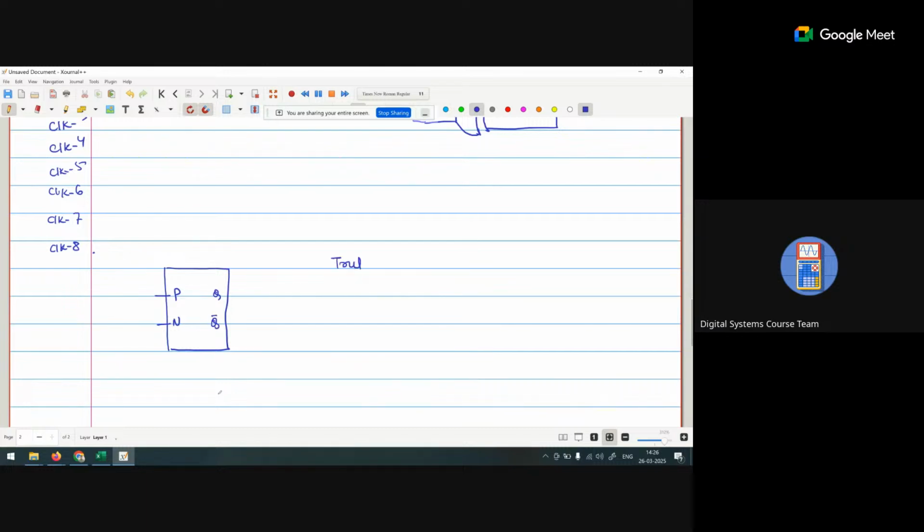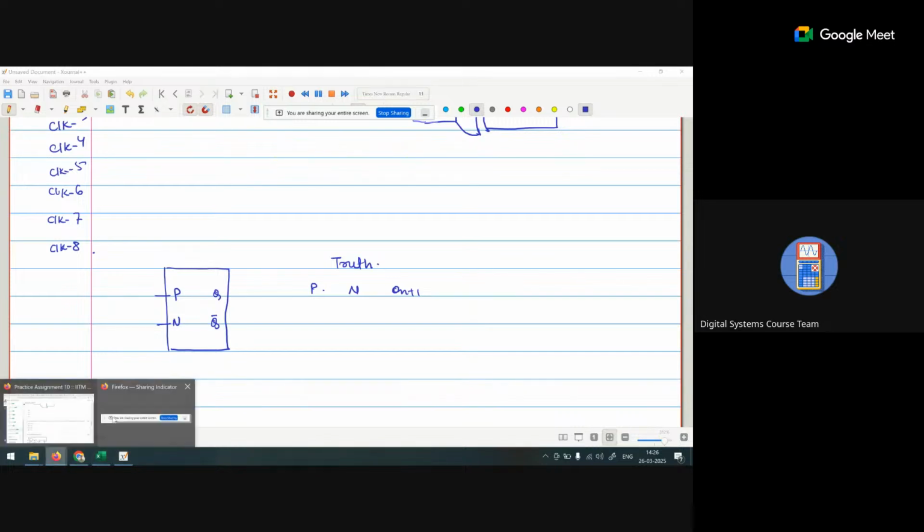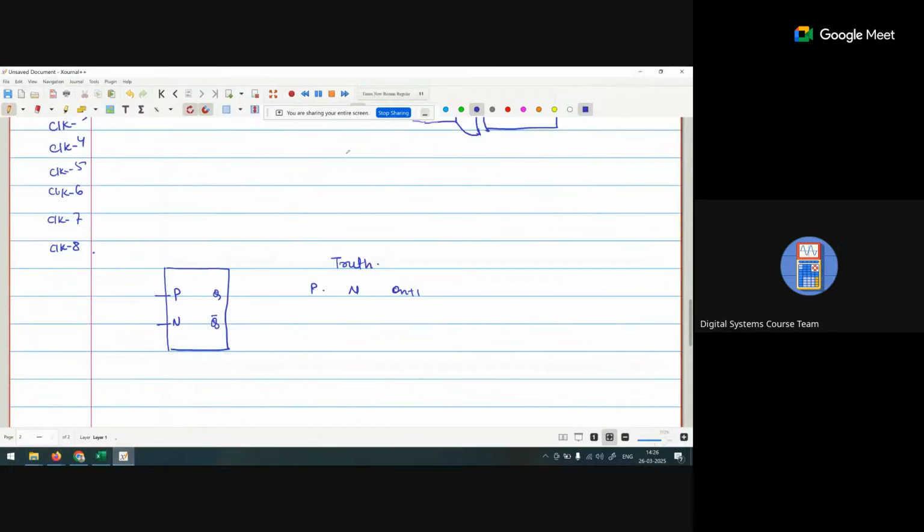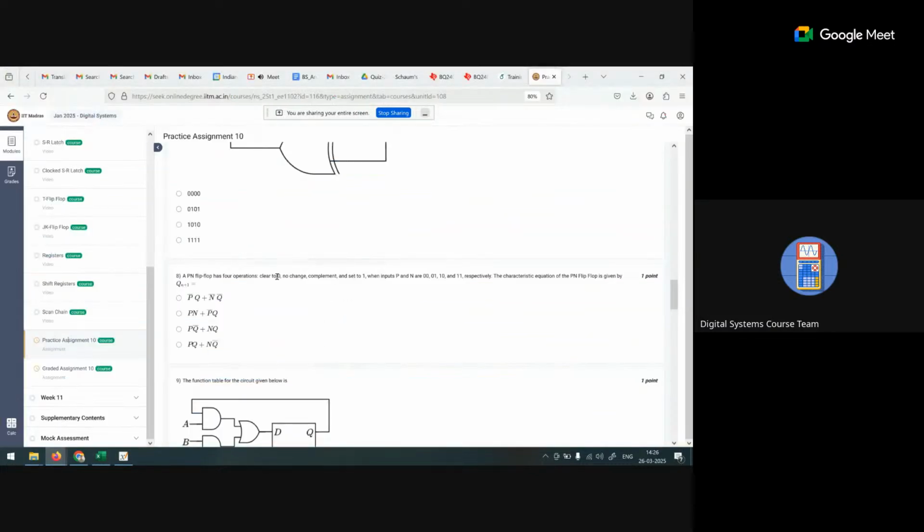The truth table of the PN flip flop: when PN is 00, 01, 10, and 11, we are getting 0, no change, complement, and 1.